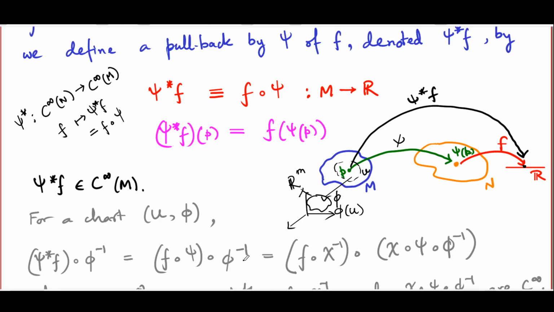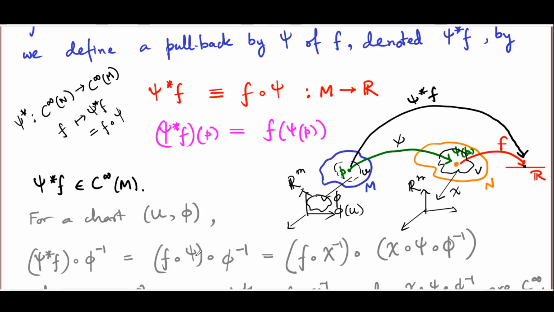But note that the smoothness of the function f, which is defined on N, must follow from proxy functions which you find for f using charts on N. So some subset v will be the domain of such a chart, and the map chi will take it to Rn.